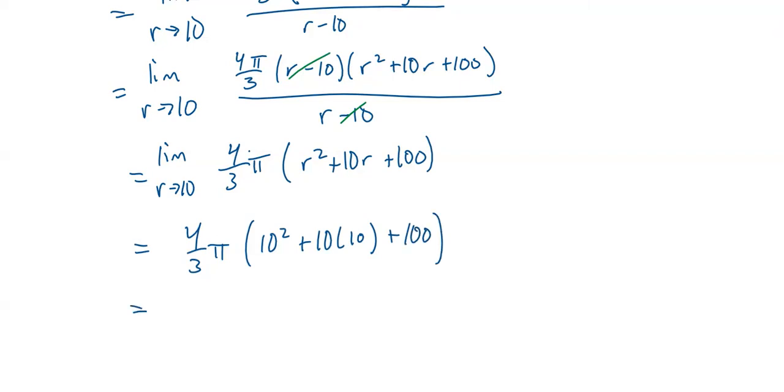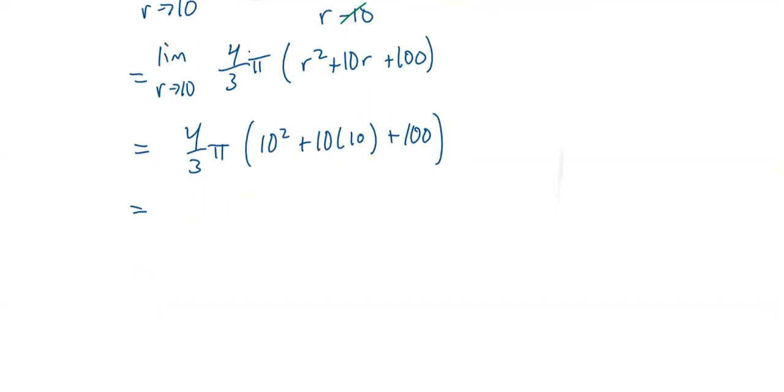Ten squared plus 10 plus 10 times 10 plus 100 is 300. Dividing that with the 3 on the bottom, I end up with 400 pi, and that is how you would leave that answer in terms of pi.